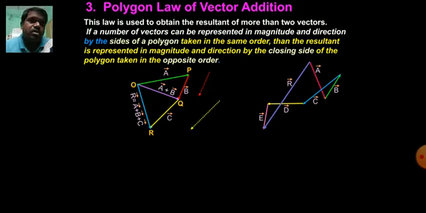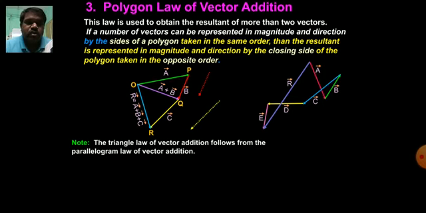So the last side, the side which closes this polygon as per the statement, is the resultant of all these vectors. So the resultant R, here a vector, is represented by the last line. Note, the triangle law of vector addition follows from the parallelogram law of vector addition.